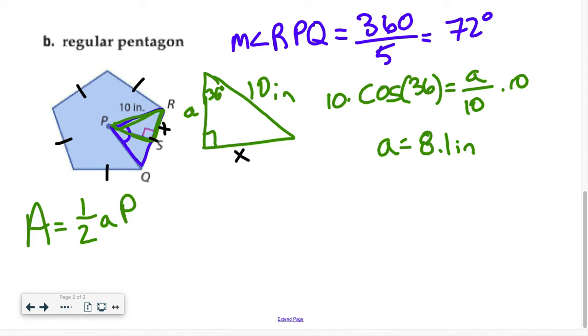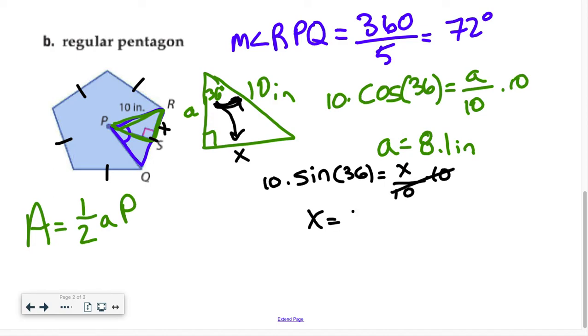I'll just use trig again. I've got the hypotenuse 10, and x is opposite, so I need to use sine. Sine of 36 is equal to opposite x over hypotenuse 10. Multiply both sides by 10. So 10 times sine of 36. Use your scientific calculators. 5.87, so let's round. That gives me that x is 5.9 inches.